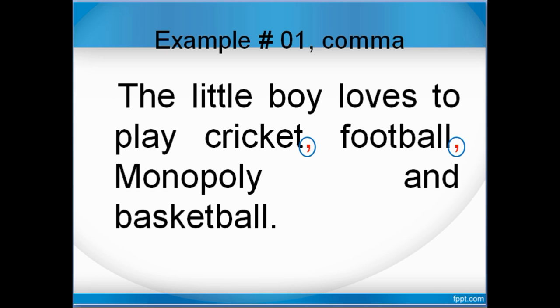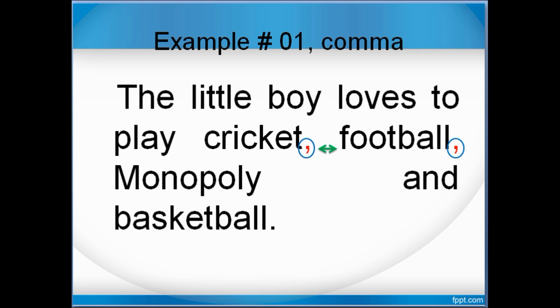Because it's the last two items in the list, we use the word "and" there. And you notice that after the comma, there's a space between cricket and football. The reason is that we don't want the word to be joined up with the comma, so we leave a space before we start to type again.